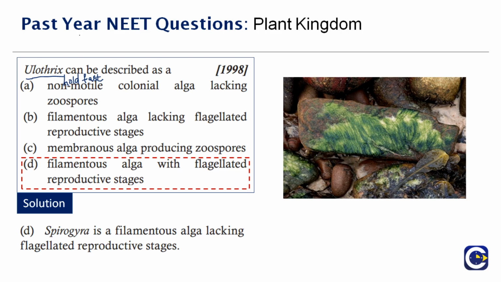But the correct answer for Ulothrix is filamentous alga with flagellated reproductive stage. As we saw, Ulothrix has a special cell for attachment called the holdfast. To your right side you can see the picture of Ulothrix over a moist stone, where the growth can be seen.